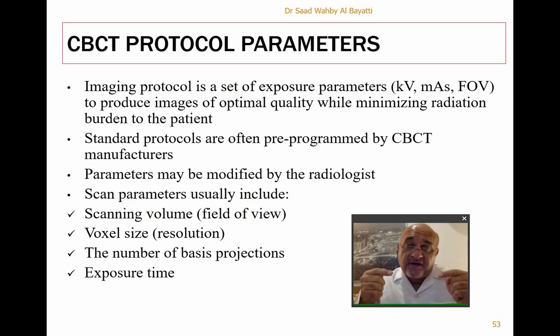By the way, higher resolution means more exposure, increasing the exposure, either the kV or the mAs, milliampere second. Also the number of basis projections, and of course the exposure time. Exposure time is calculated according to the exposure parameters that are preset in the radiograph.